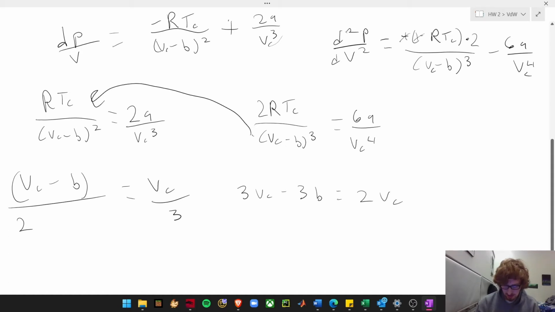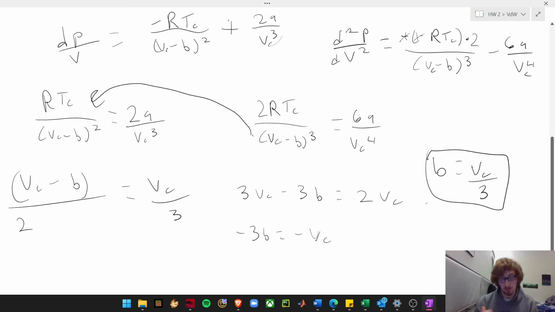Then if we subtract this to the other side, we end up with negative 3B equals negative critical volume. Then we just divide by negative 3, and we end up with B equals our critical volume divided by 3.